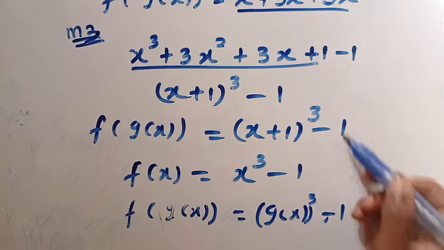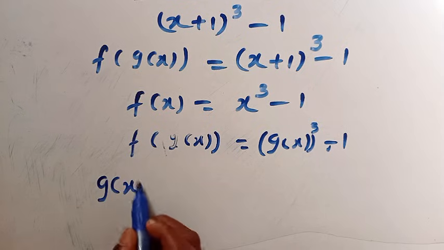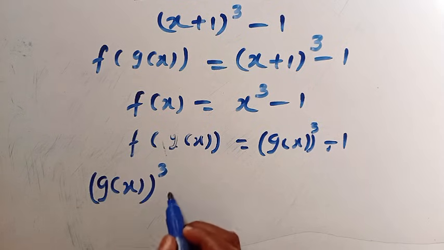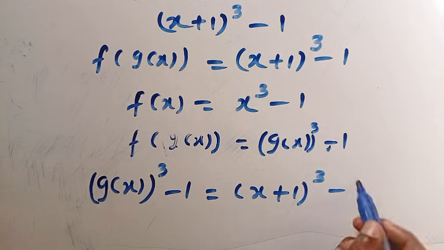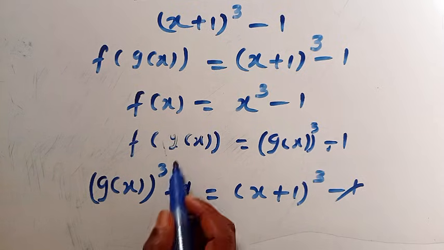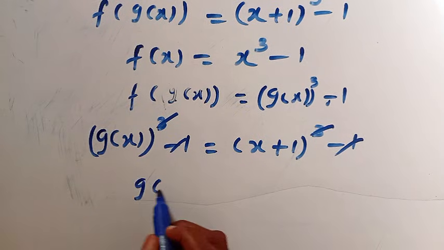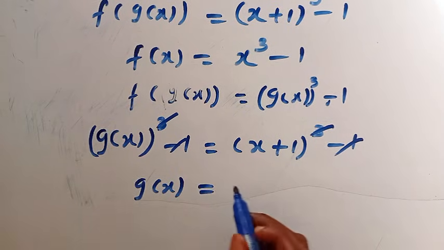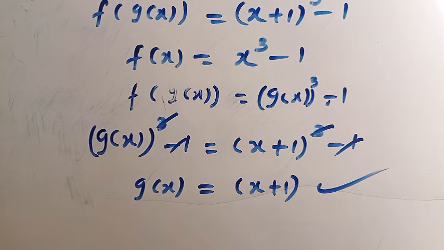By equating this together, we have g of x raised to power 3 minus 1 equals x plus 1 raised to power 3 minus 1. So minus 1 plus 1 cancel, 3 cancels 3, and we get the answer in just 5 seconds. So g of x equals x plus 1. This is how we solve this problem step by step.